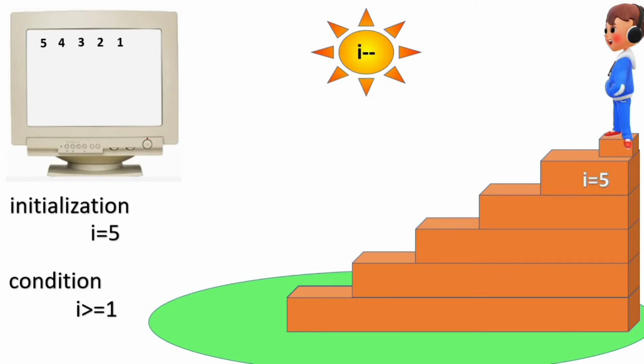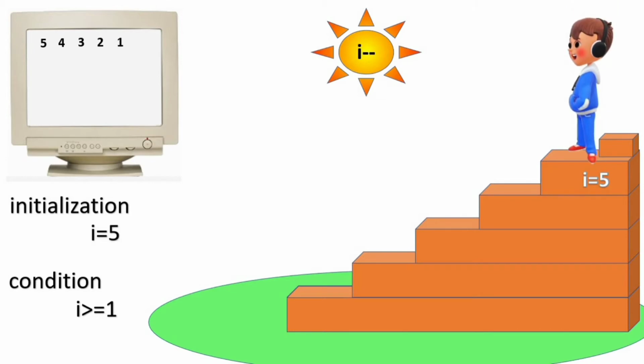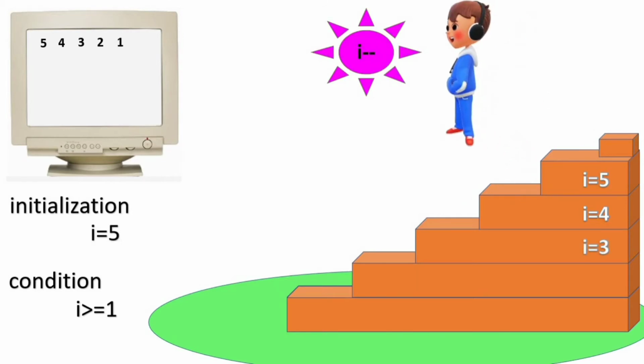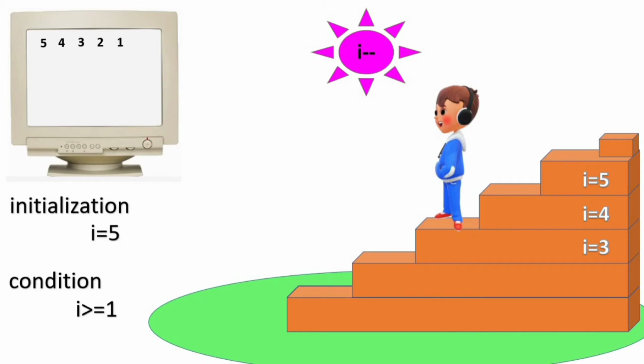The first value of I is 5. Now you have to decrement the value of I by 1. I becomes 4. Again decrement the value of I by 1. I becomes 3. Again we have to decrement the value of I by 1.